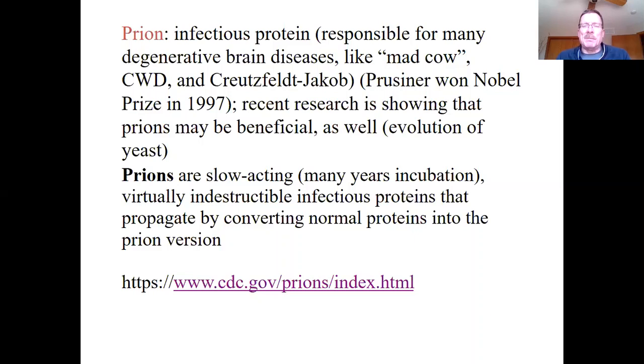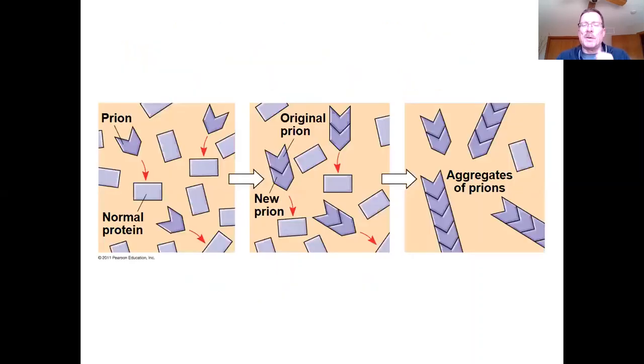They're slow acting, many years to incubate, so by the time they start showing what they are doing, many people are infected. And they convert normal proteins into themselves. I stole this picture from your book, so you can see one of those prions comes in, and really they start infecting the other normal proteins and it becomes a dangerous infectious agent.